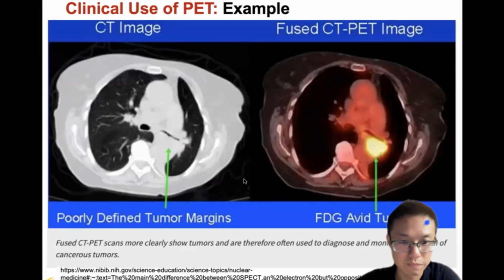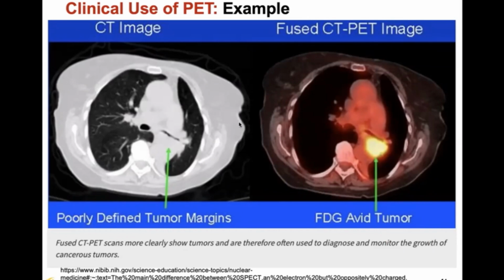Okay, so this is a clinical use of PET. We have the CT image, and on the right is the fused CT and PET image. This can diagnose and also monitor the growth of some cancerous tumors.